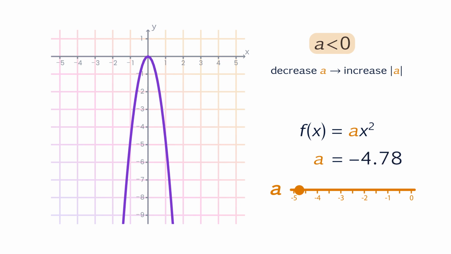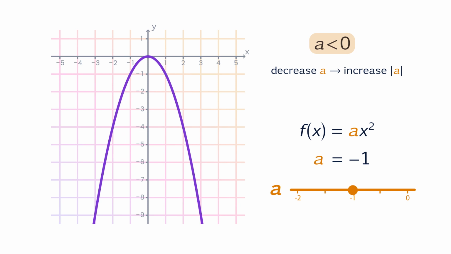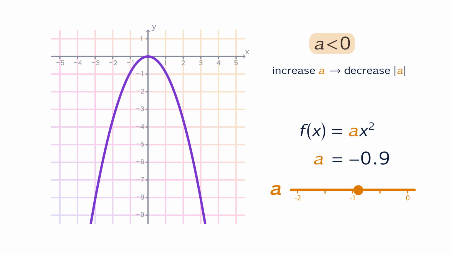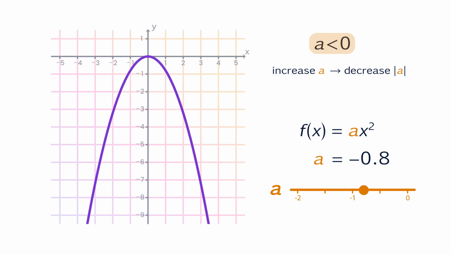Let's reset a to -1 and see what happens if you increase a. That means that the absolute value of a will decrease. You set a to -0.9, then -0.8, and so on.